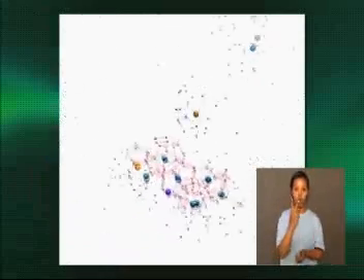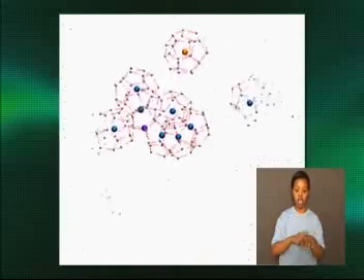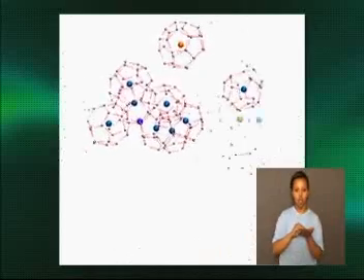Atoms are the smallest particles of a chemical element. Atoms join together to form molecules. When two atoms of the same element join together, they form a molecule of that element. For example, hydrogen is made of 2 hydrogen atoms, which is why the formula for hydrogen gas is H2.